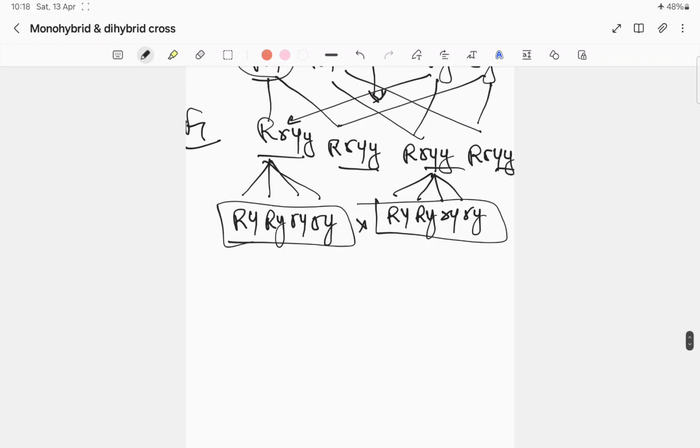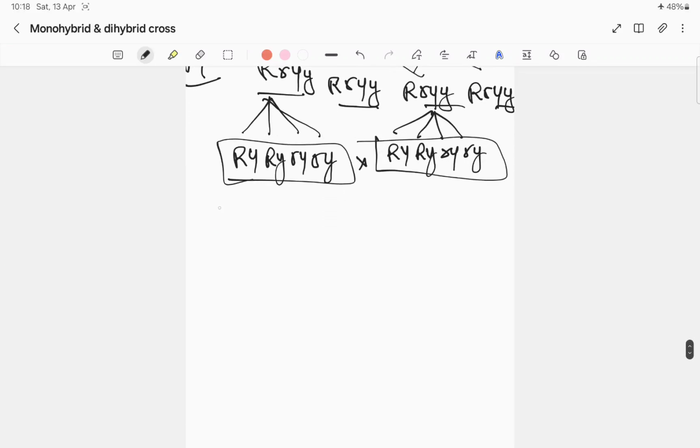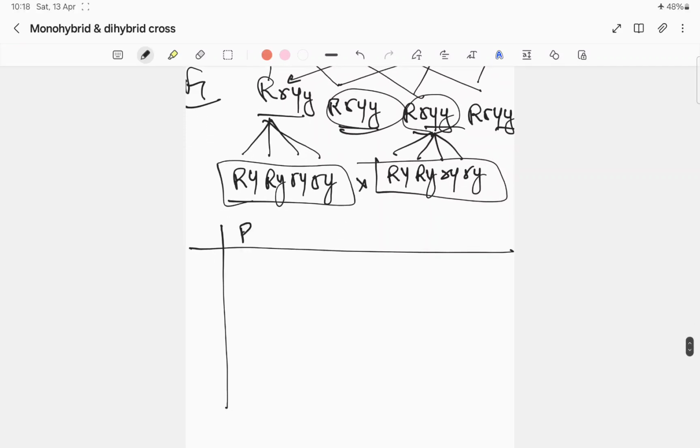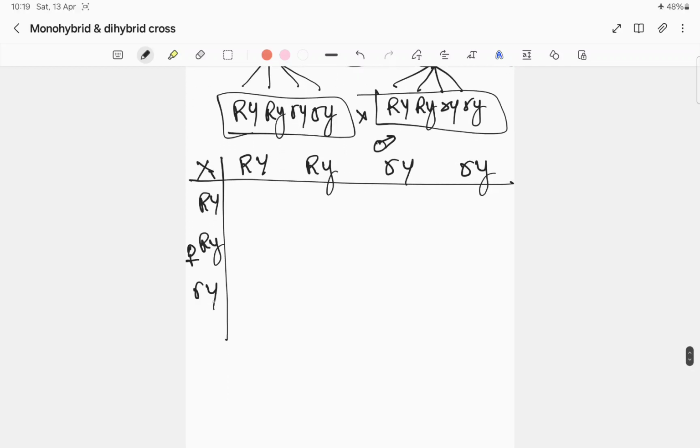let's understand this in the Punnett square, so it will be easy. Now if we cross this F1 generation, the gametes will be capital R capital Y, capital R small y, small r capital Y, and small r small y. Let it be the male parent and the female parent.